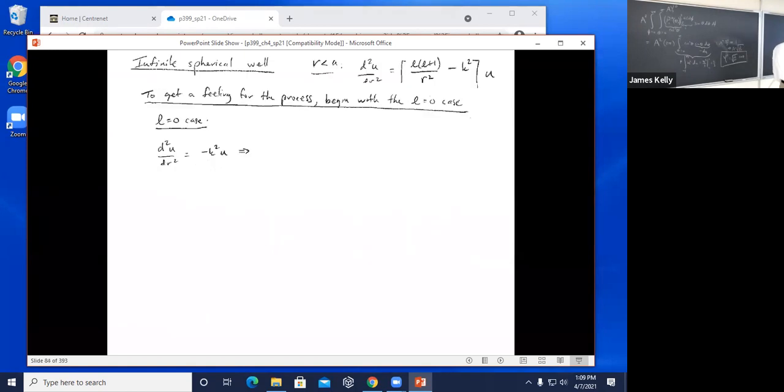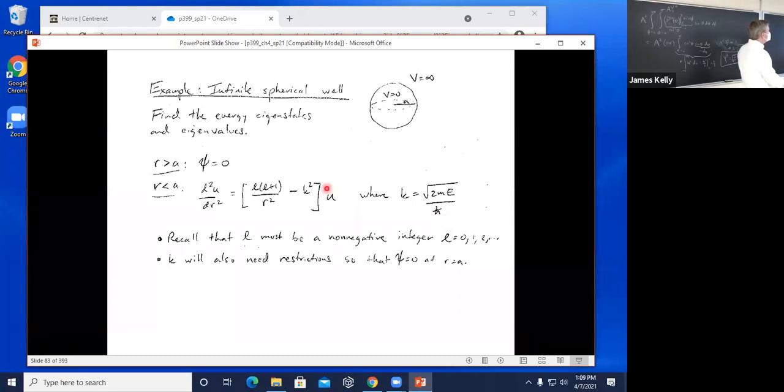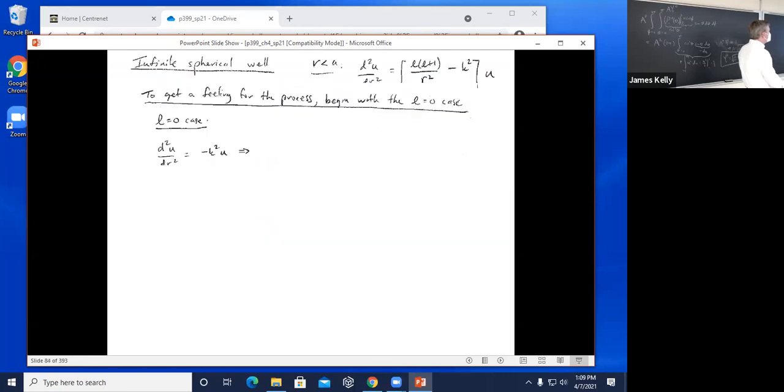Okay, so to get a feel for things, let's first set l equal to 0. If we set l equal to 0, hey, that really simplifies things. So let's try to find the special solutions that have integer l equal to 0. That's just going to give us our good old harmonic oscillator ordinary differential equation, but for a function of r.